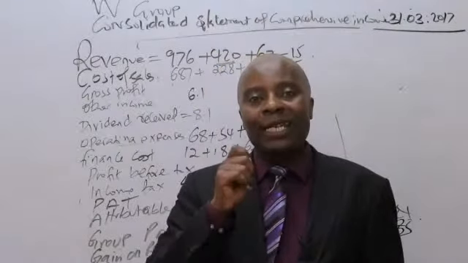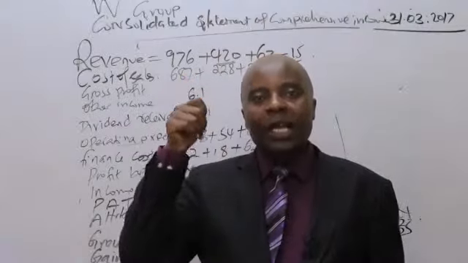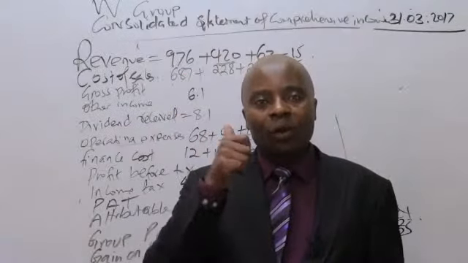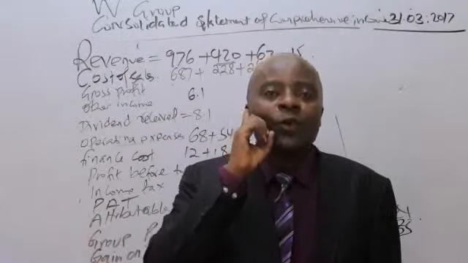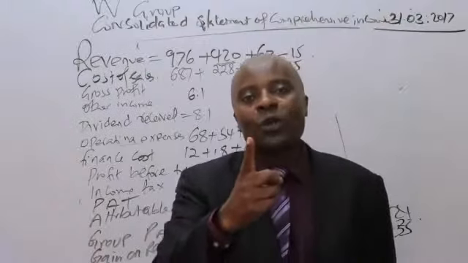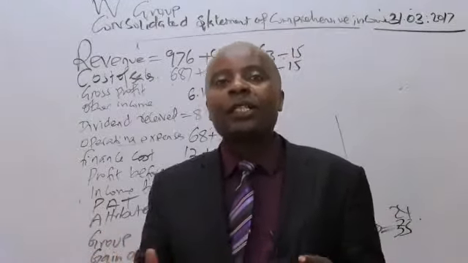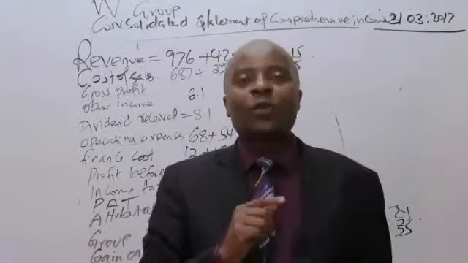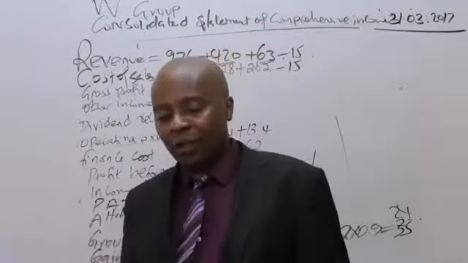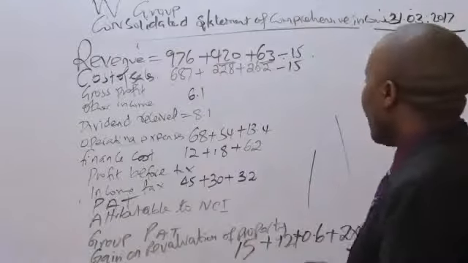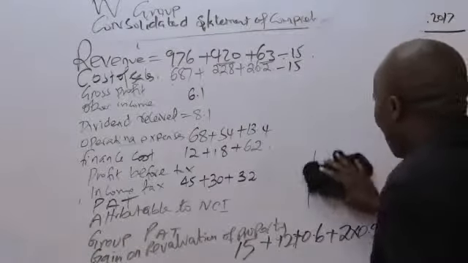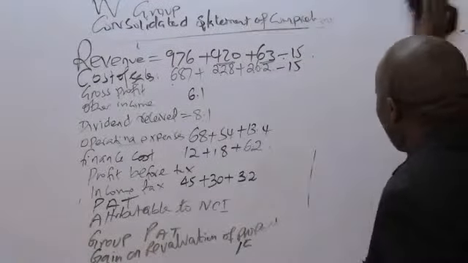Intra-sales must always be deducted from the group sales and the group cost of sales. And then, as a scholar of group consolidation, I must recall very fast that whenever there is an intra-sale, there must be UPS. So write for me there, UPS. UPS stands for what in full?